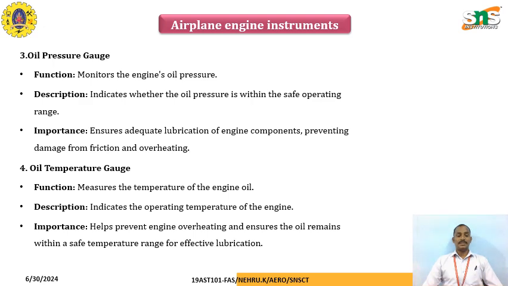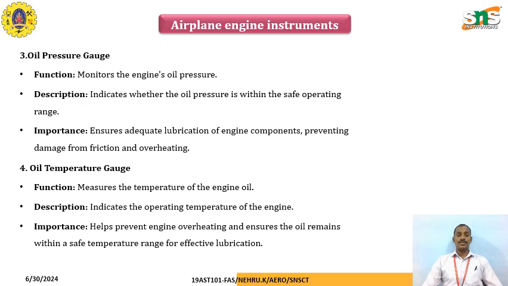Next one is the oil pressure gauge. Its function is monitoring the engine oil pressure, at what pressure level it is feeding, whether it is a gravity feed or a pressure feed. It indicates whether the oil pressure is within the safe operating range or in a critical condition.